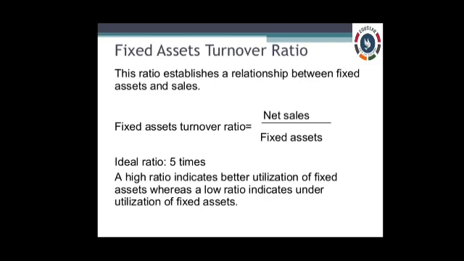And then the fixed turnover ratio. Under the fixed turnover ratio there is the working capital turnover ratio also. For this, another heading is there: net asset or capital employed turnover ratio. Under that, the fixed asset and working capital turnover ratios will come.